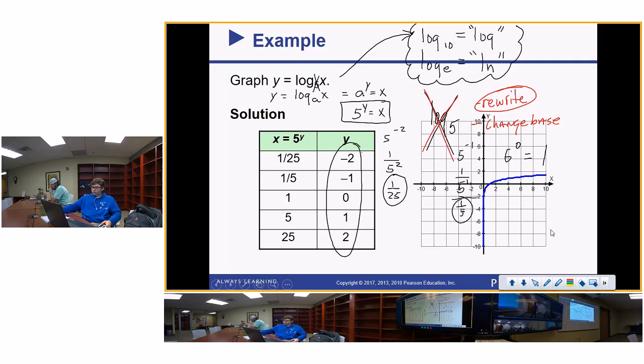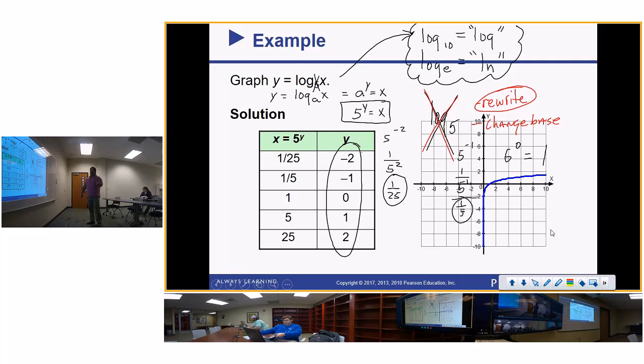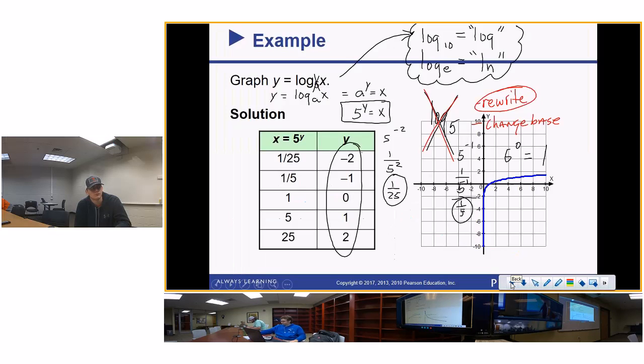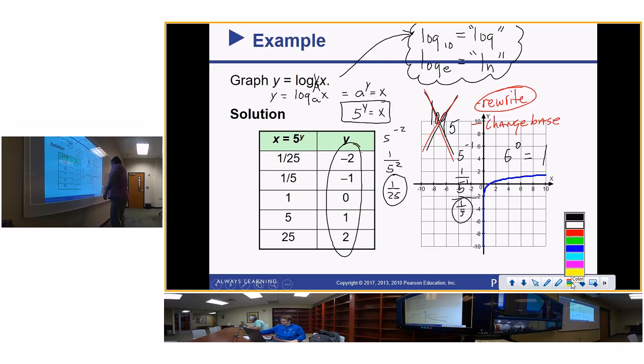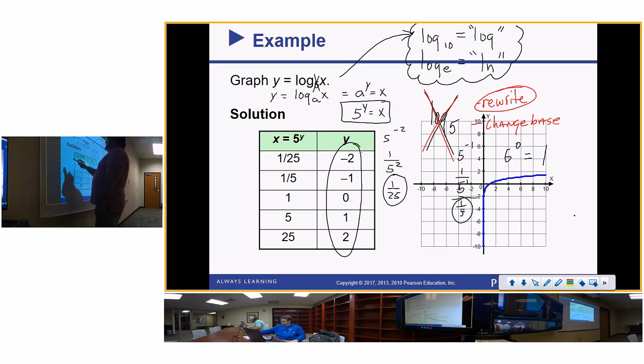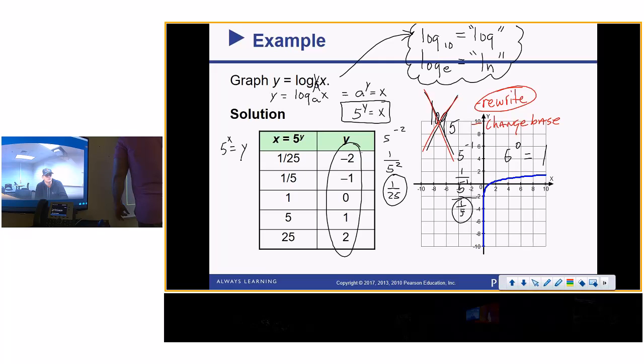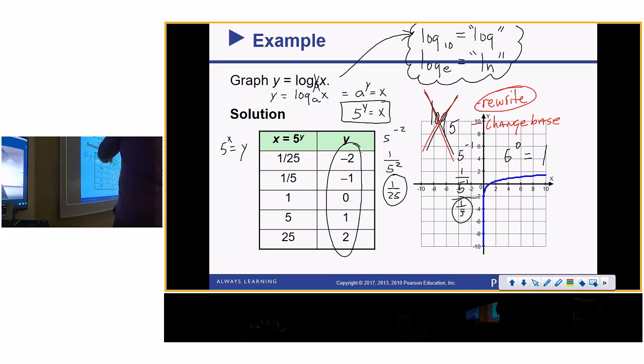Now remember, this is not y is equal to something to the x. This is a reverse. This is an inverse. So if you wanted to check it, you would do 5 to the x is equal to y, and that would be your inverse.